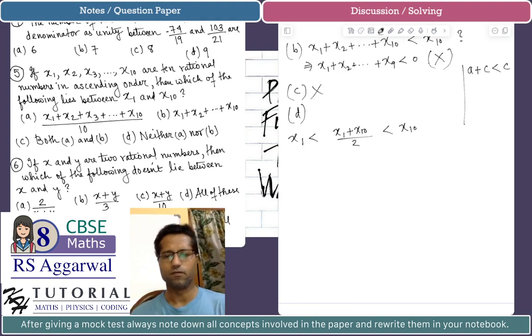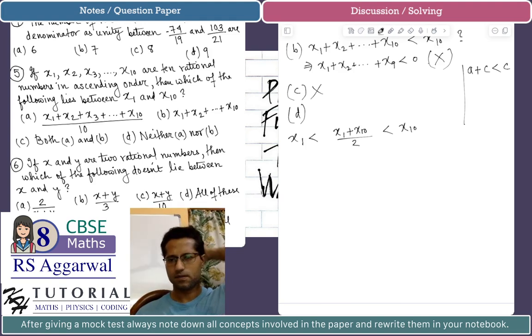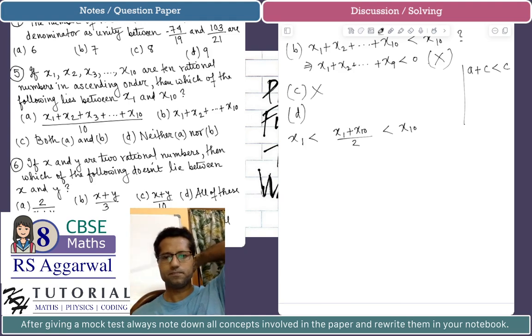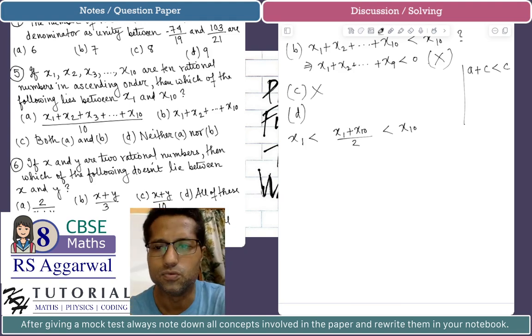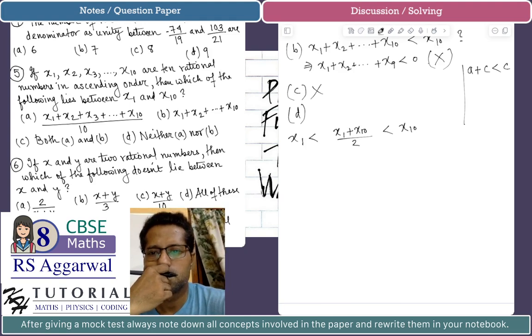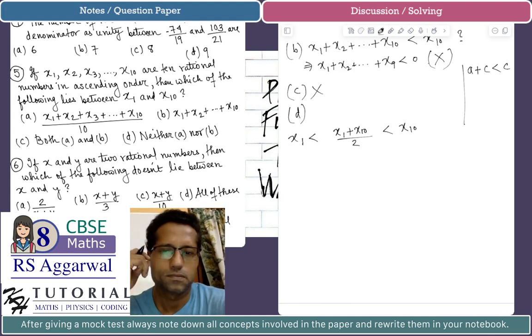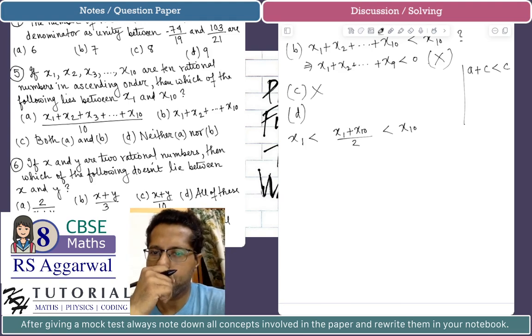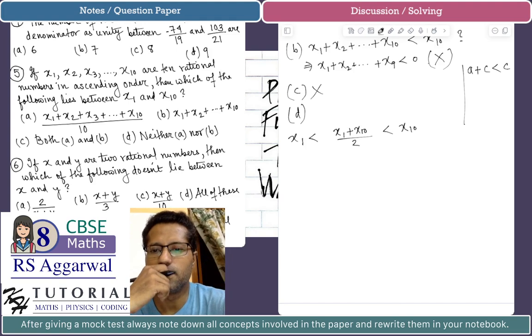This we clearly know from the properties of rational numbers. Okay, what can we do? x2 is lying between x1 and x10.